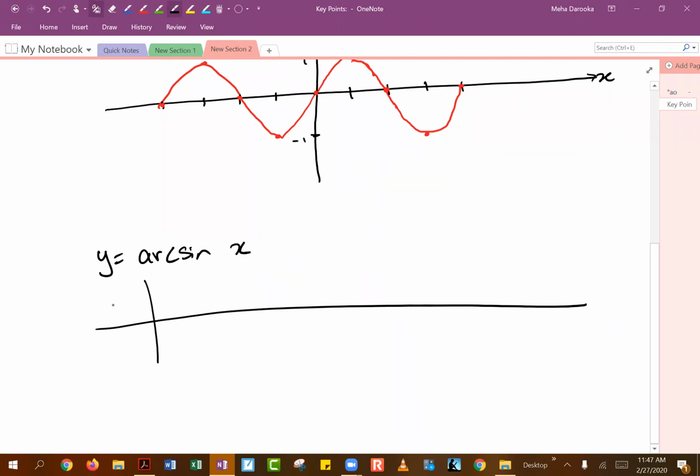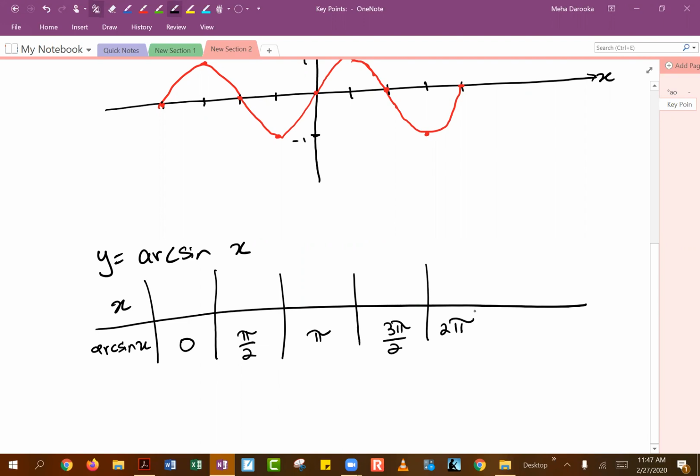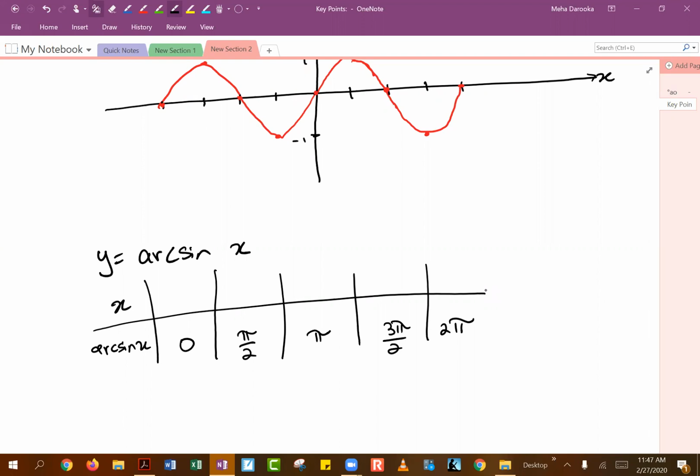So we had 0, pi halves, pi, 3 pi halves, and 2 pi, right? For the x values, that will now become the y values. And then what will be our corresponding pair to that? What's this guy? 1, 0.